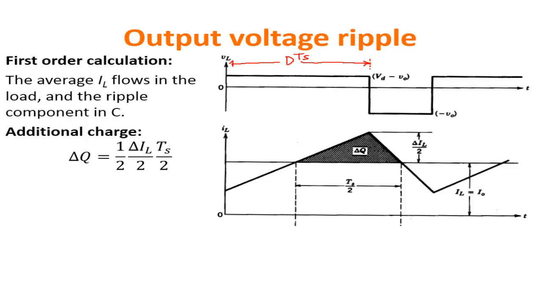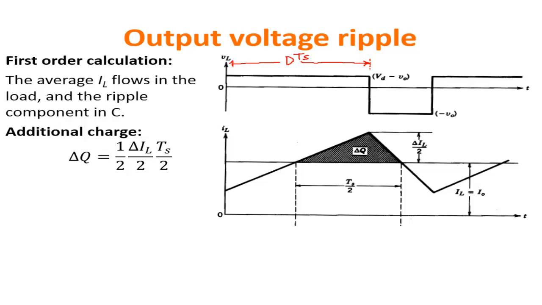Therefore, the output voltage has a superimposed ripple. So let's look at the size of this ripple. Of course, this is something that is typically unwanted. For some circuits it is not a huge problem. For analog circuitry and sensitive circuitry, as I said before, it can be a problem, so you want to eliminate it. But let's look at the ripple.